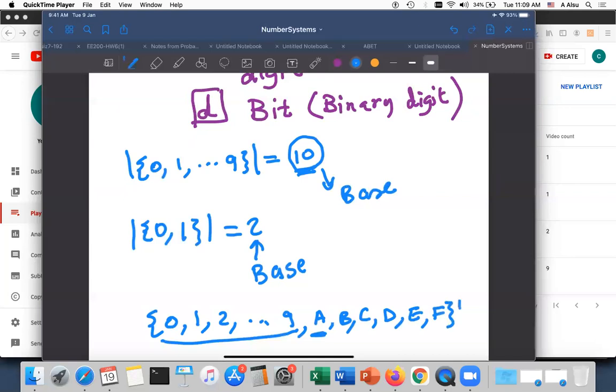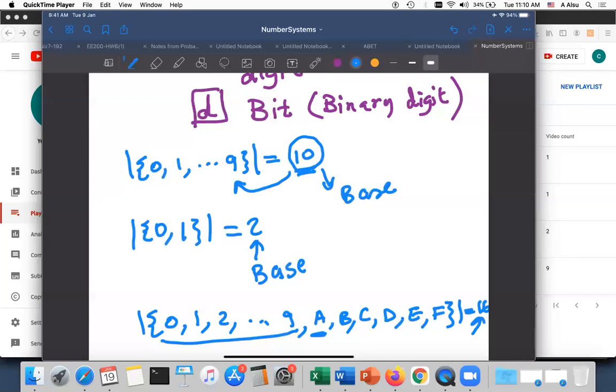So it has how many digits? 16, and therefore its base is 16. Notice that the base is always one greater than the maximum digit. It's always that. So 16 is greater than F, which is 15. All right, so this is the concept of the base.